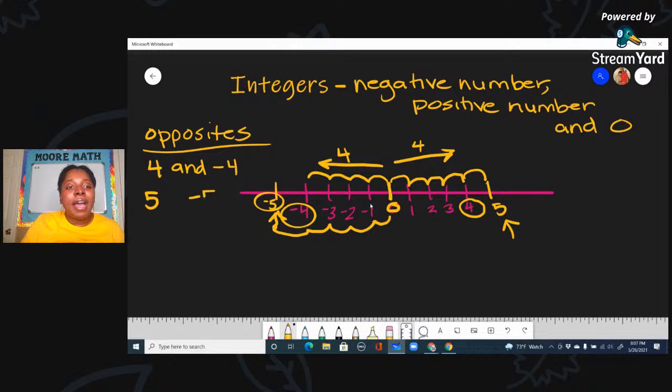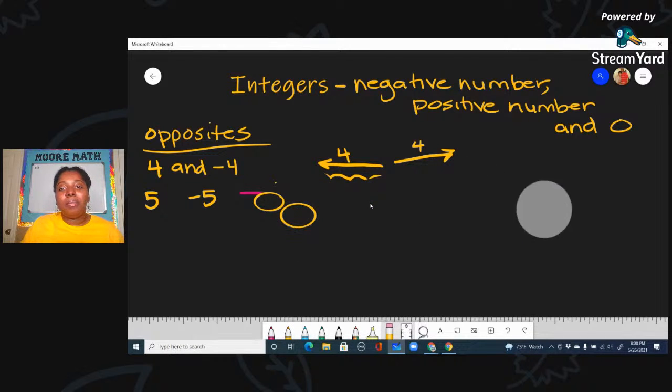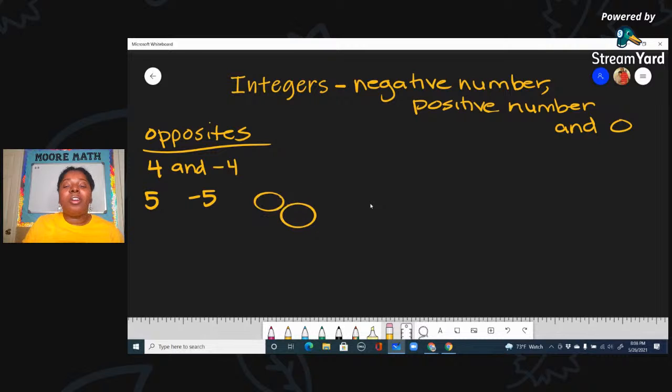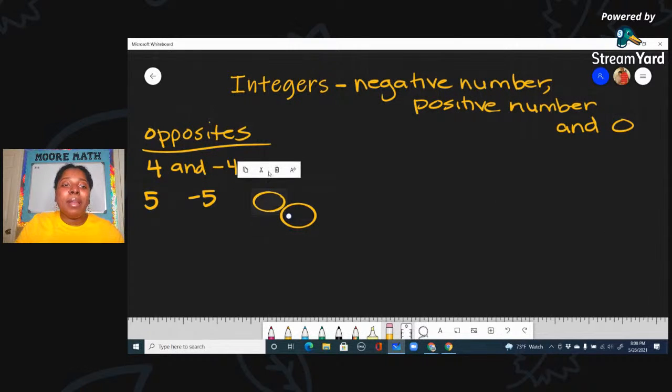Okay, 5 and -5 are opposites because they are on opposite sides of 0. They are the same distance away from 0 on the number line. So opposites are the same distance away from 0 on a number line.